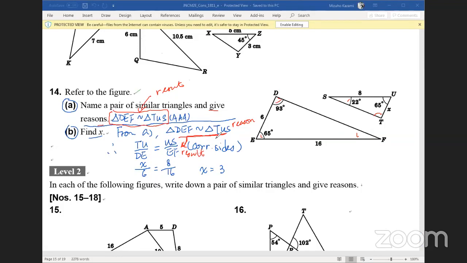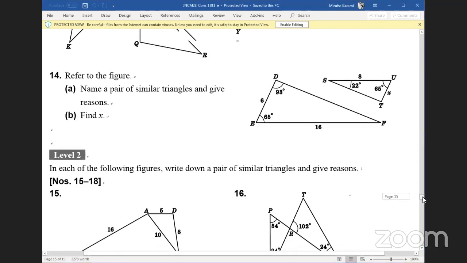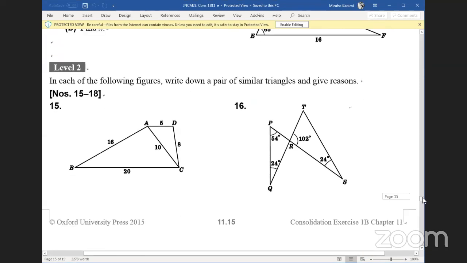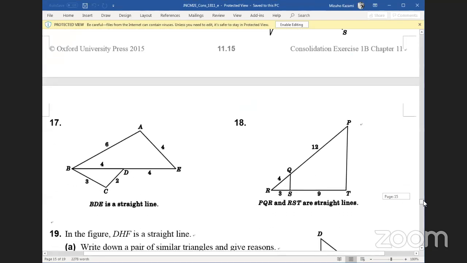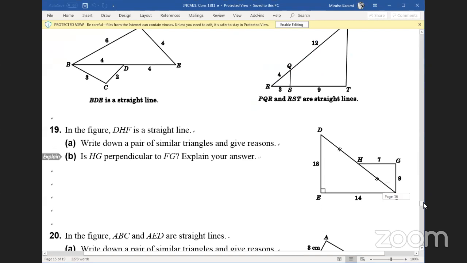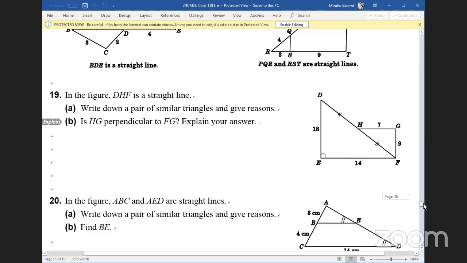Any question you want to ask? Anyone? If you don't have any questions, then we go to, maybe, do you want to try this one, number 19?